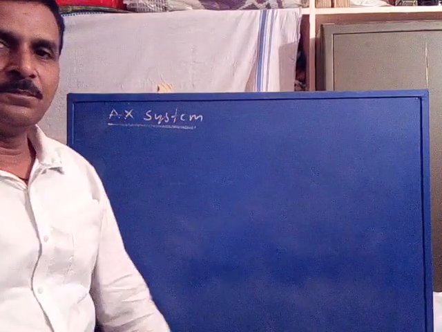In your syllabus you are given AX system, AX2 system, AX3 system, A2X3 system, AMX system under first order, and AB system, ABC system under second order. So these are the systems specifically included in the syllabus. Let us study one by one.